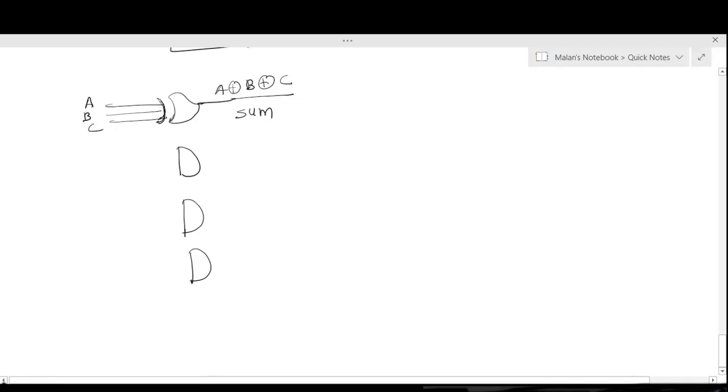The inputs are A, B, output generating is AB. Then the second one is AC, this is AC, and the third one is BC.